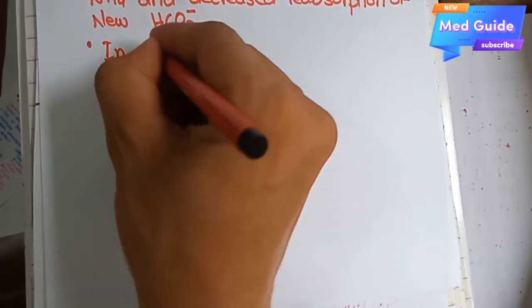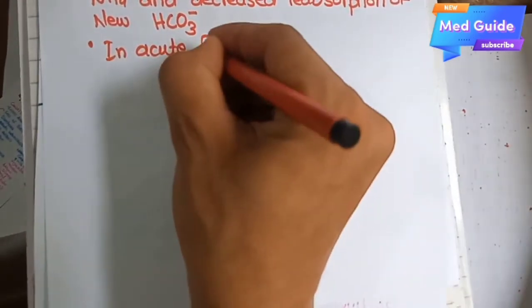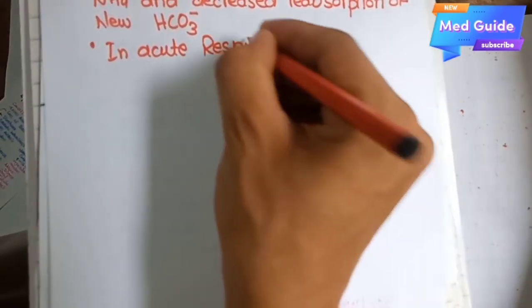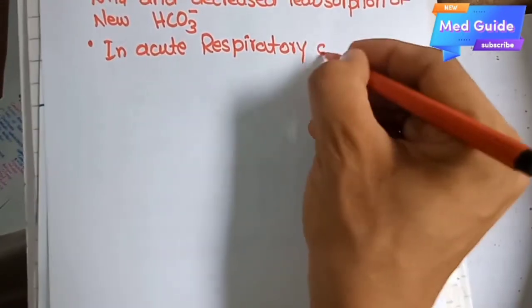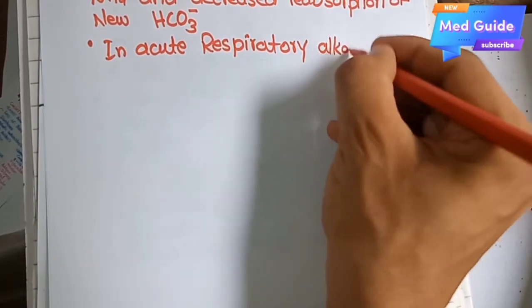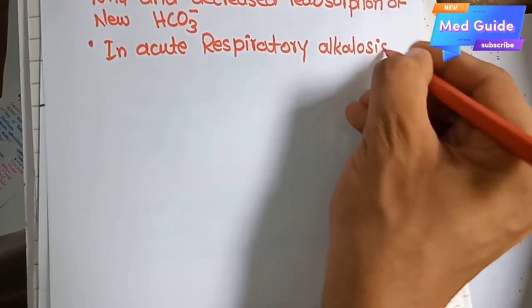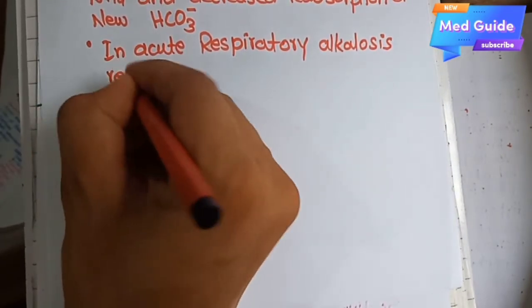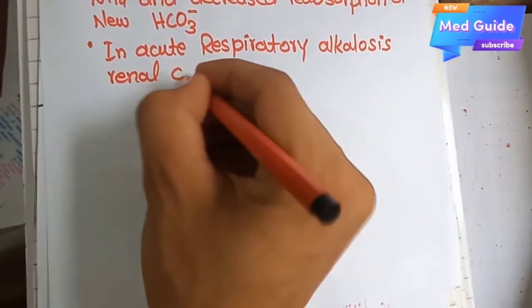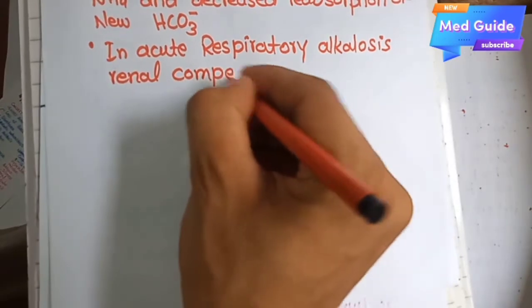Then the next is the other compensatory point. In acute respiratory alkalosis, renal compensation has not yet occurred.